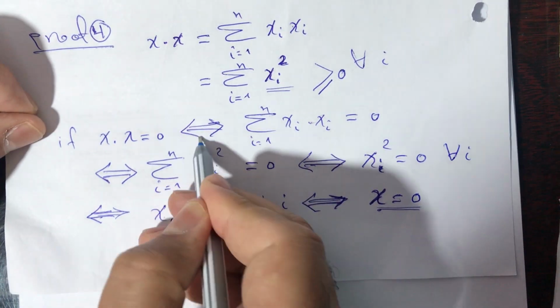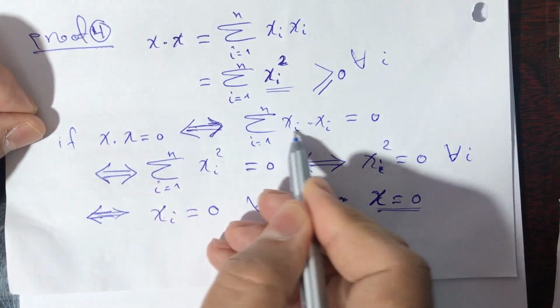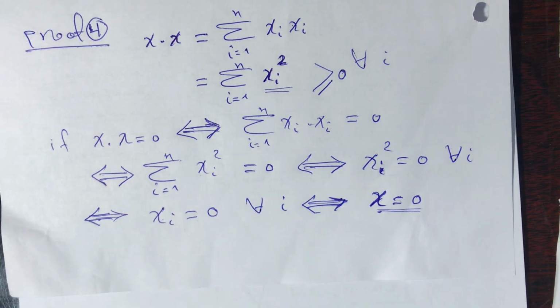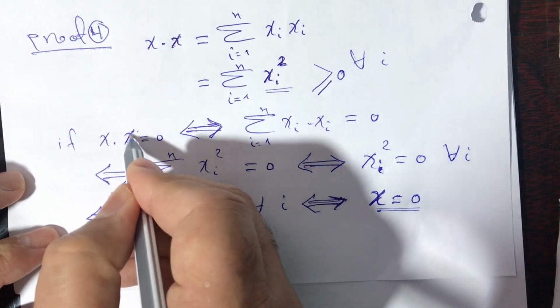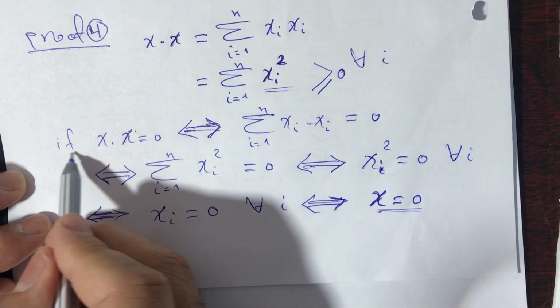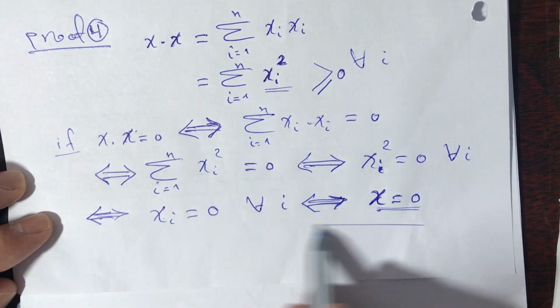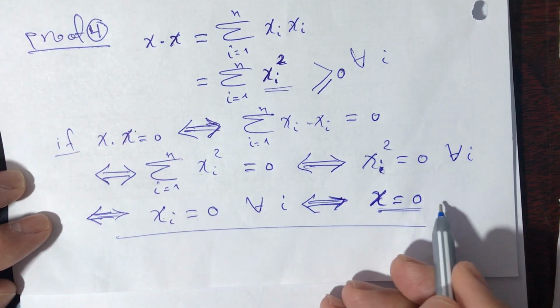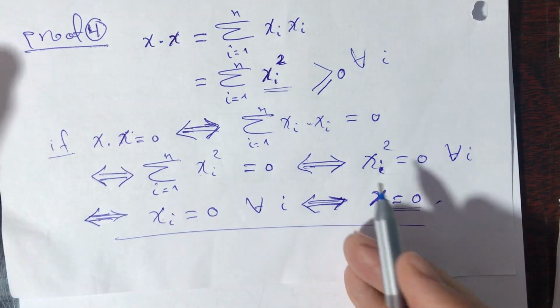By the definition of the inner product, this is the inner product of x with x. So we get 4 finished for both sides.